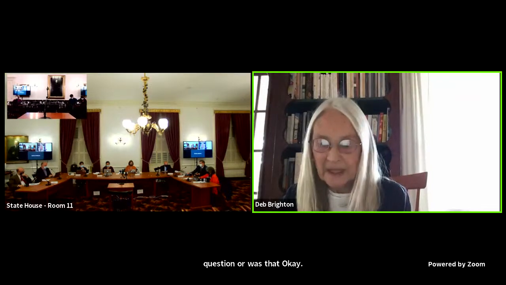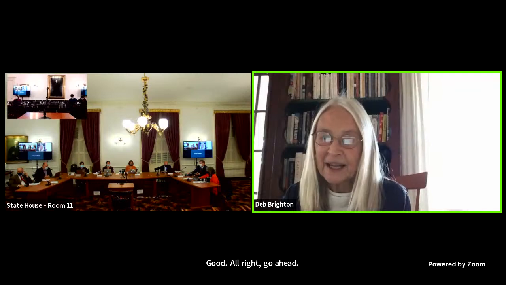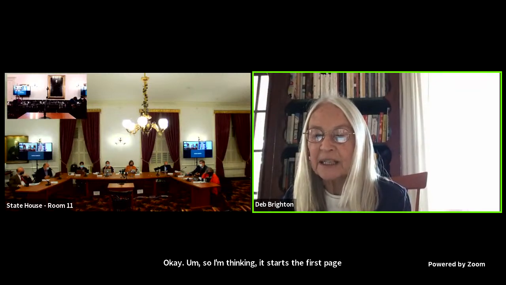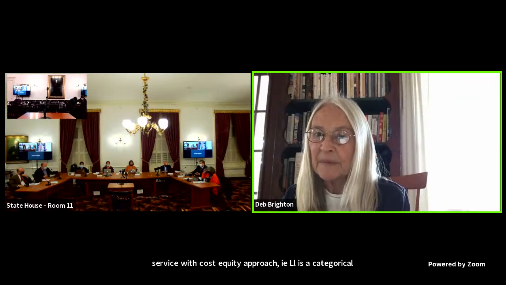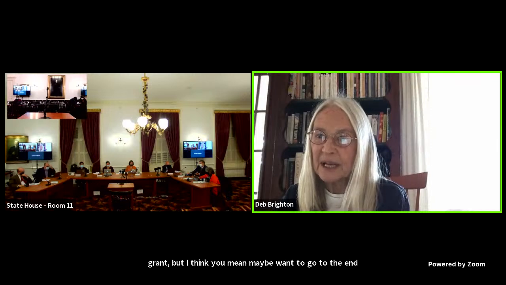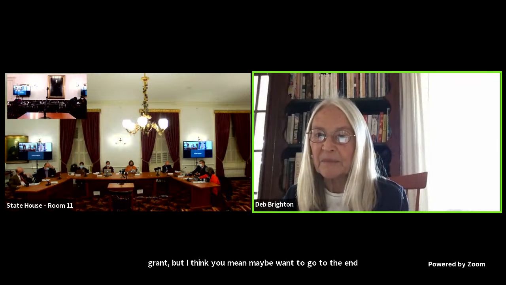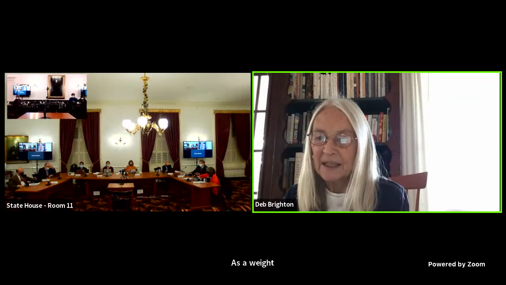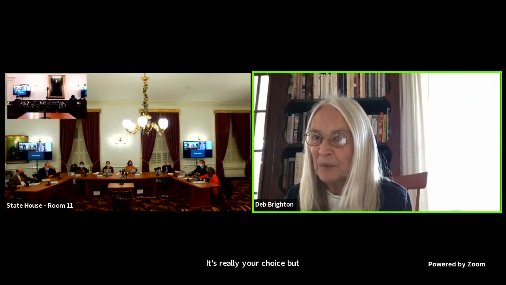Okay, so I'm thinking the first page starts with cost equity approach ELL as a categorical grant, but I'm thinking we maybe want to go to the English language learners as a weight. It's really your choice, but since Brad was working off of that one, maybe we should go down.